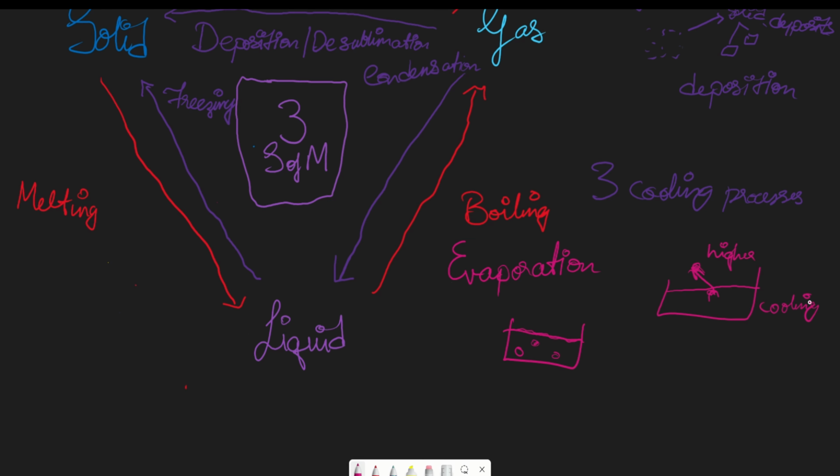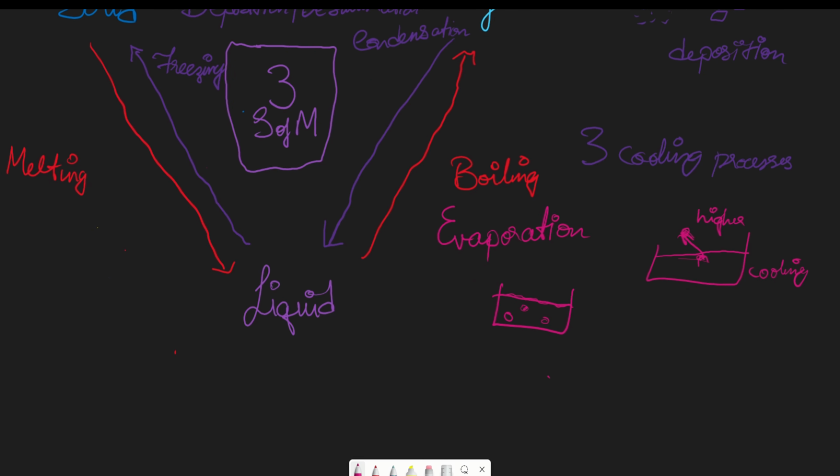Because if you think about it this way, you have 2, 2, 2, 2, 2, and then you have 3. The average is not going to be 2, it's going to be 2 point something. Now, if the 3 escapes, you're going to have 2, 2, 2, 2. So the average is 2. So the temperature dropped.